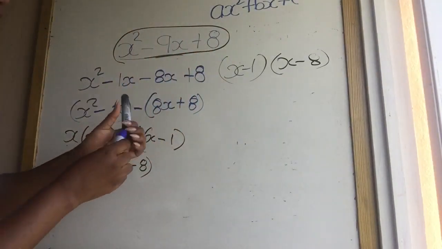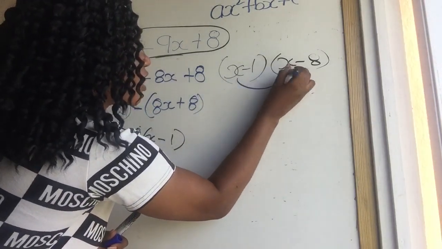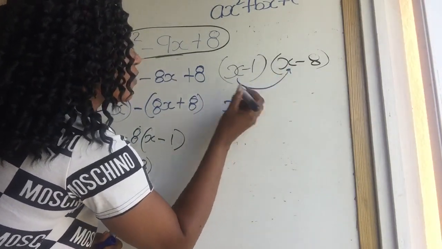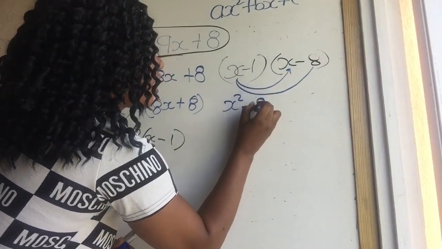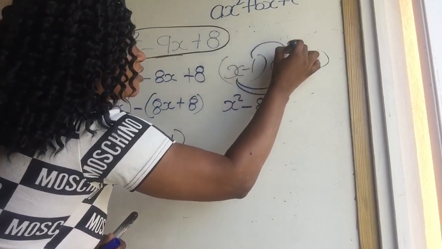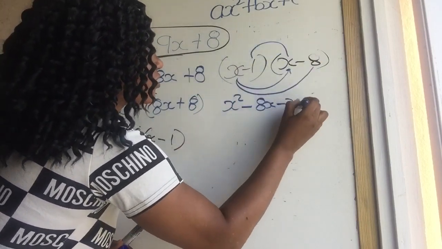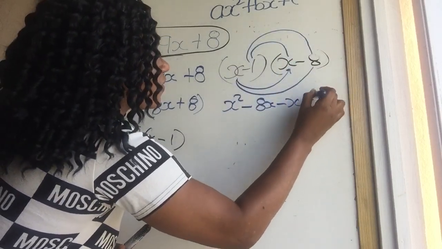So we're expanding. We know that x times x gives us x squared. We know that x times minus 8 gives us minus 8x. Up here, we know that negative 1 times x gives us minus x. And negative 1 times negative 8 gives us a positive 8.